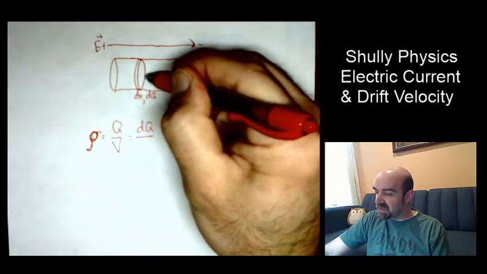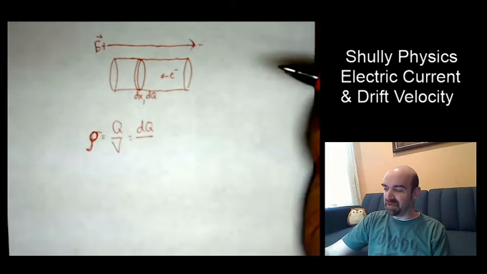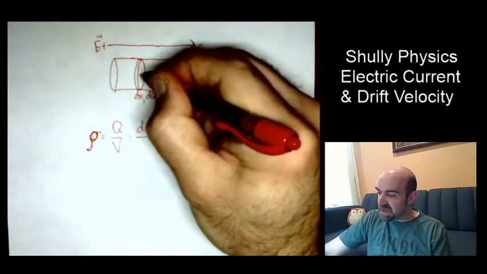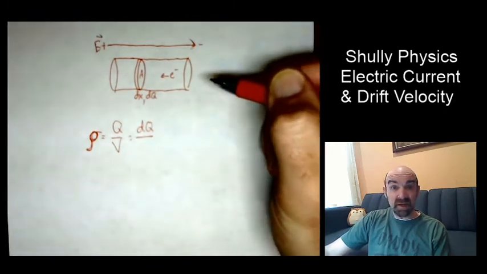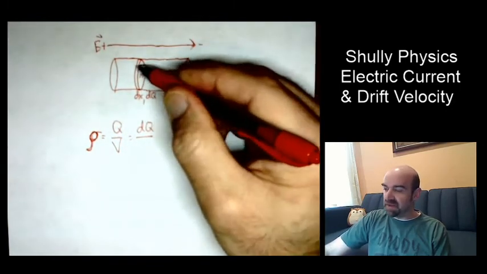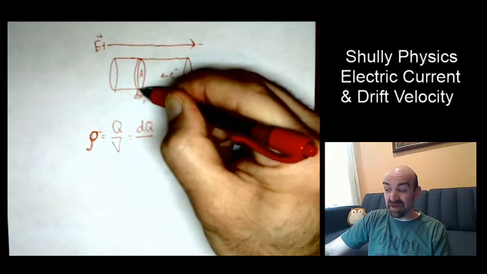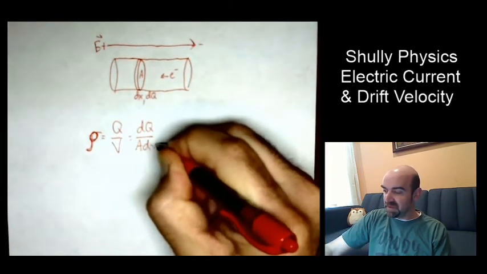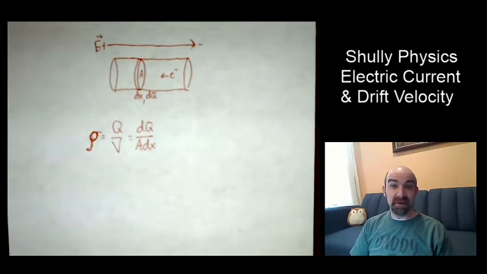Now the volume of this little tiny slice of pepperoni here, the little dq, is the cross-sectional area times, think of a cylinder here, cross-sectional area times the height of the cylinder, which would be dx. Now, how much charge is in there?